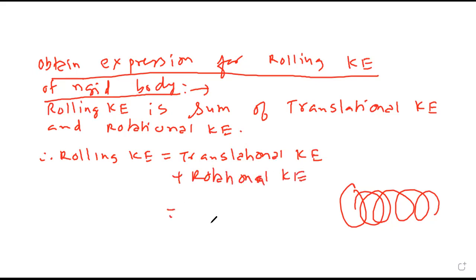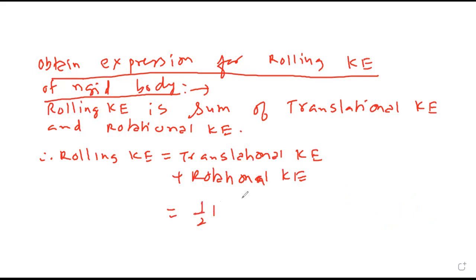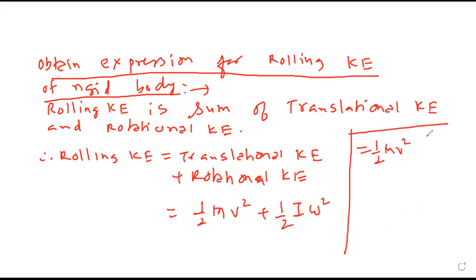What is the formula for translational kinetic energy? Half mv square. And for rotational? Half I omega square. Correct. So this is half mv square plus half I omega square. I in terms of radius of gyration is always mk square, irrespective of whether ring, disk, solid sphere or hollow sphere.